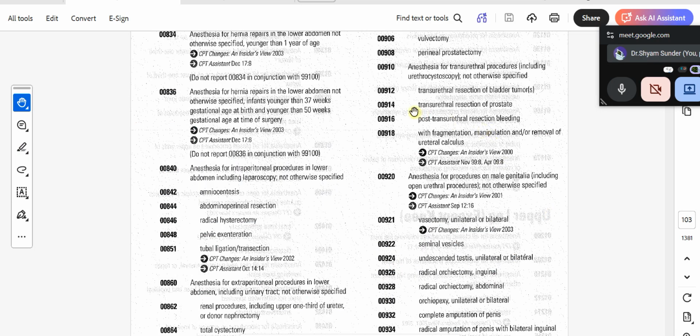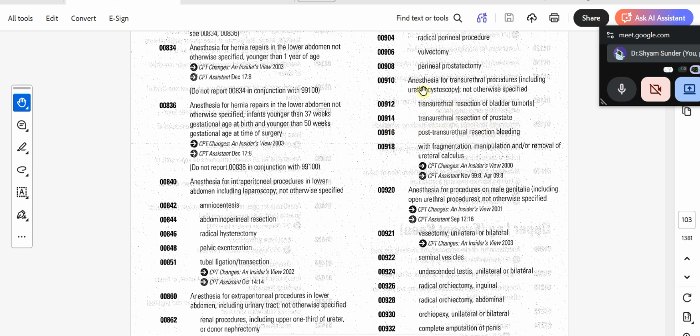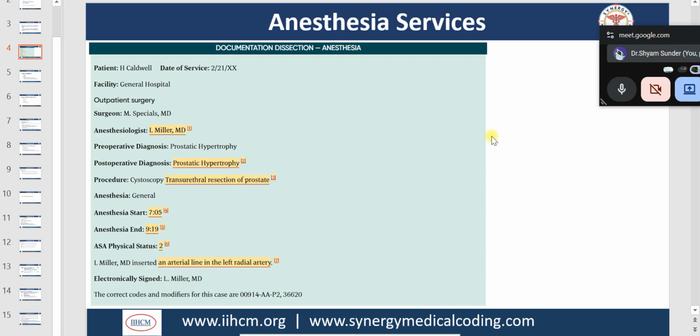So if you see here, 00914, anesthesia for transurethral procedures, especially transurethral resection of prostate. So your code is 00914, that is the code for anesthesia.